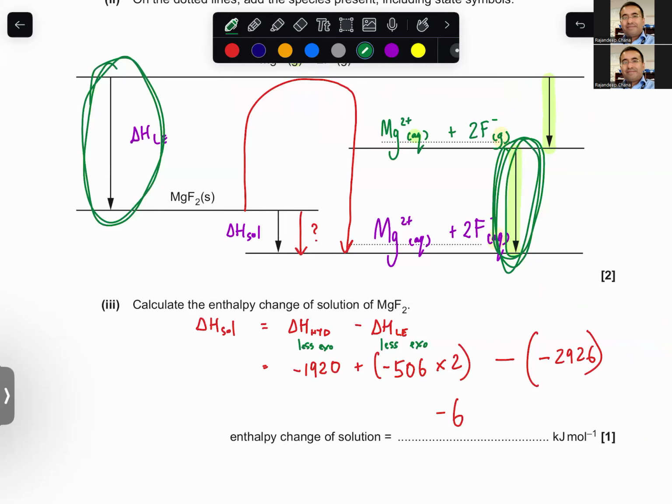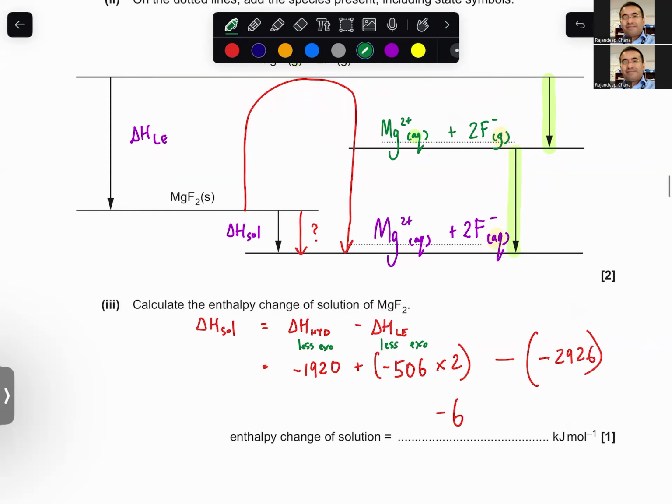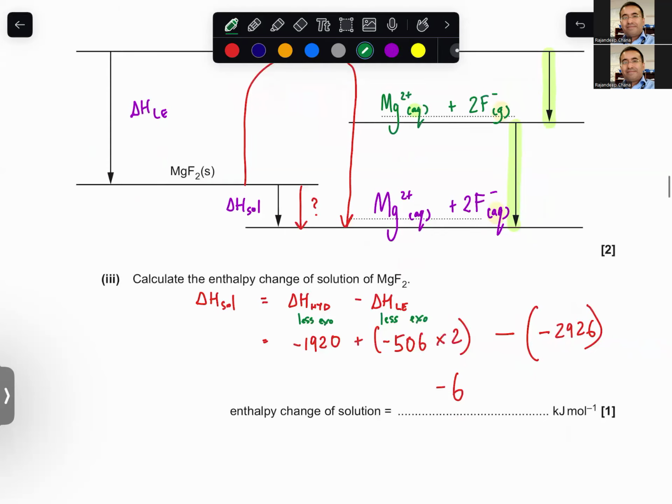How can I explain this point to help you understand? Let's try to look at the numbers. You see, these are the hydration enthalpies.